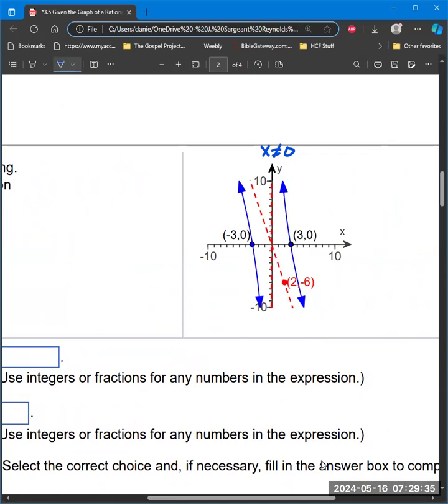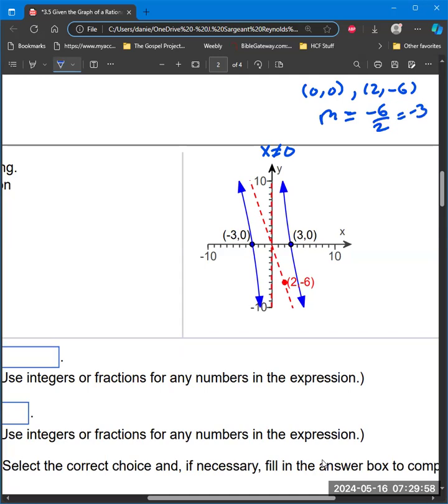There's the point 2, -6 that's on this asymptote, and it goes through 0, 0 as well. So 0, 0, and 2, -6 means that I have a slope of going down 6, right 2, which is a slope of -3.